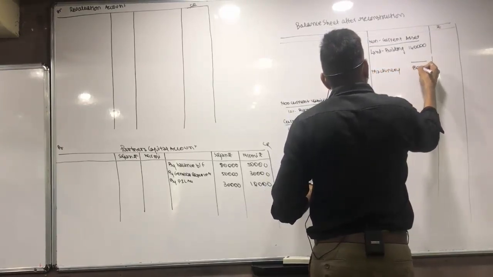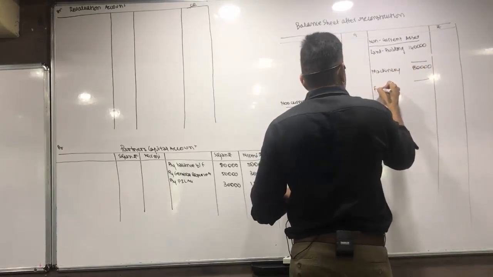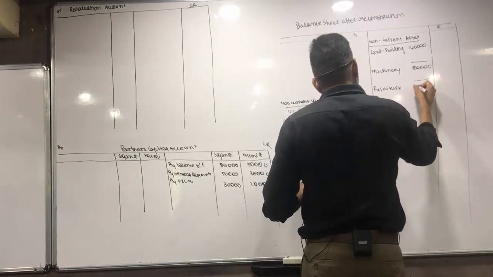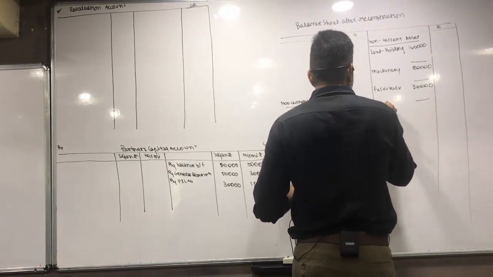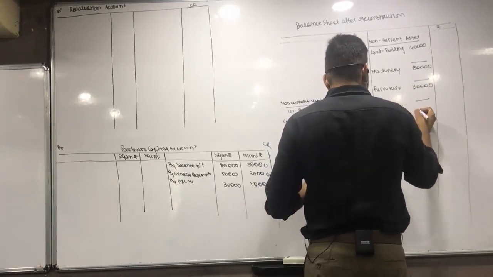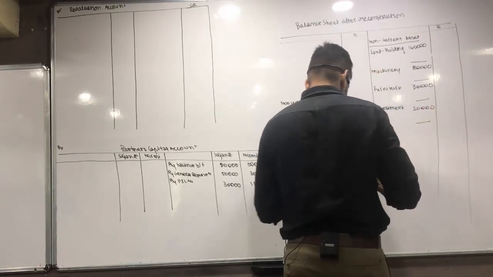Machinery 80,000. Furniture 30,000. Investment 20,000. Current asset.